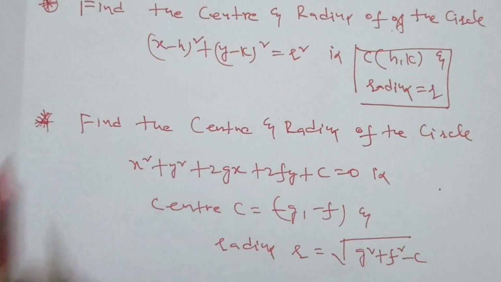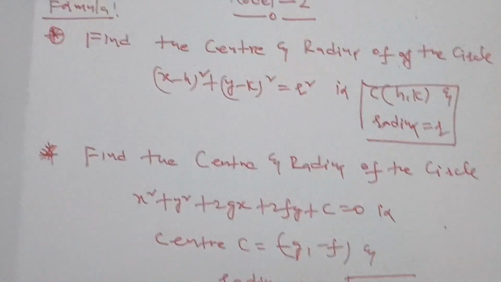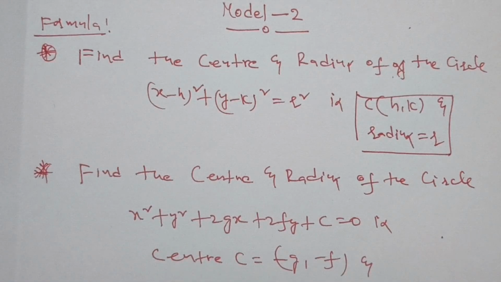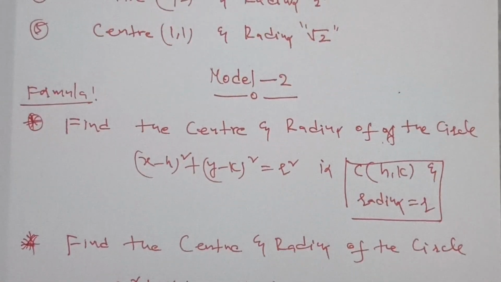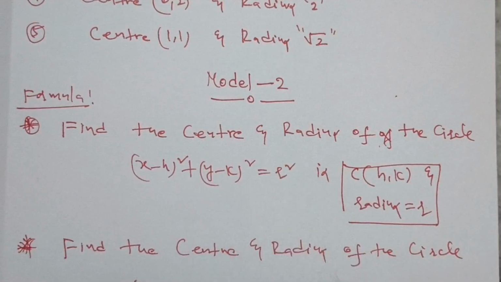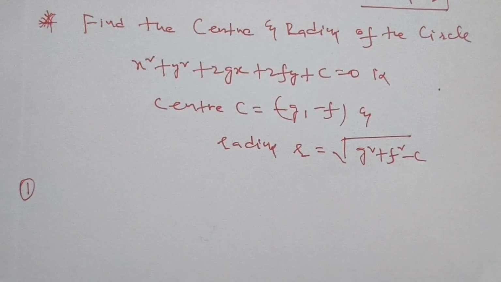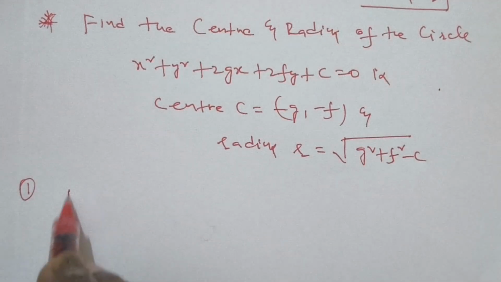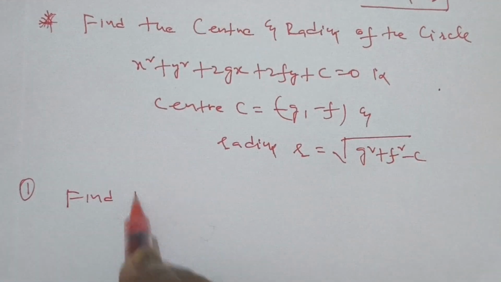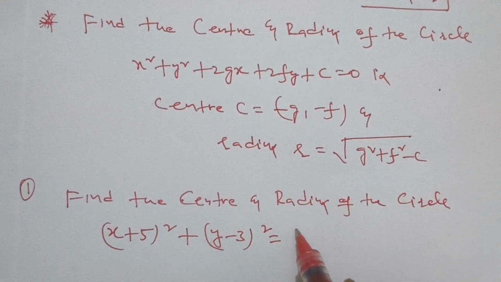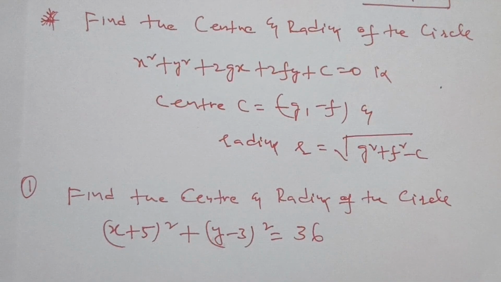So basing on these two formulas, we will solve the problems on model 2. The first problem is: find the center and radius of the circle x plus 5 whole square plus y minus 3 whole square equal to 36.